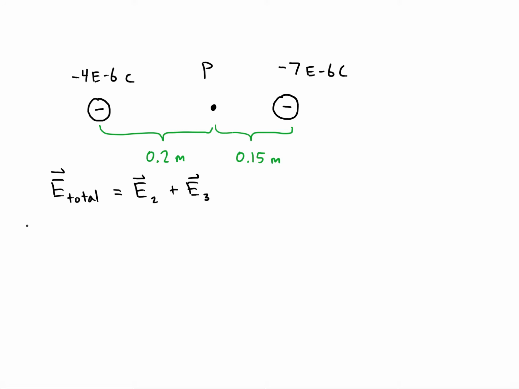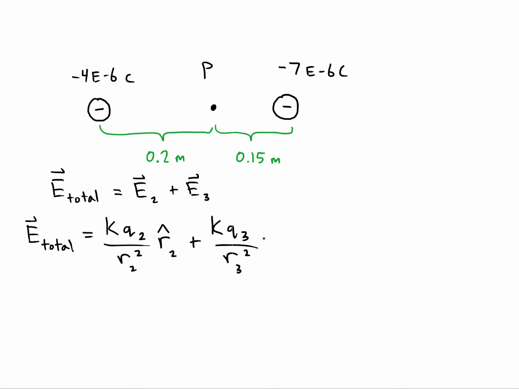All right, so the other way of approaching this is to use the full formulas for E here, which would be KQ2 over R2 squared r2 hat plus KQ3 over R3 squared r3 hat.